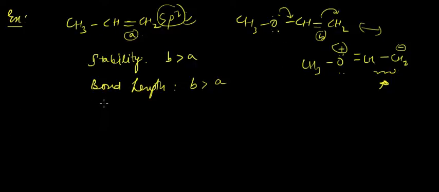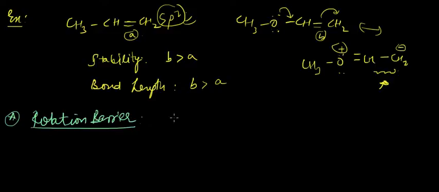So let us talk about rotational barrier. Rotational barrier is directly proportional to the double bond character. So let me write this: rotation barrier is directly proportional to double bond character.